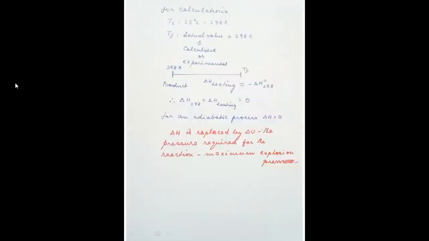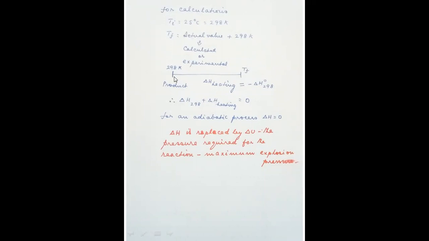So making all these adjustments, I take the initial temperature as 25 degrees centigrade, that is 298 Kelvin. So the final temperature, what you have noted down, has to be added with 298, with the experimental or calculated temperature.